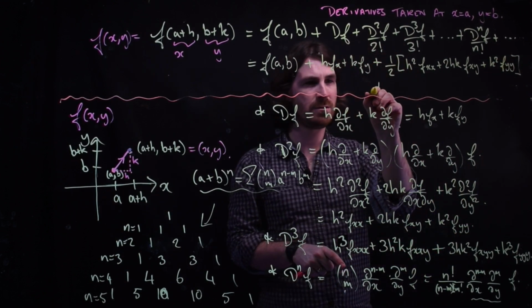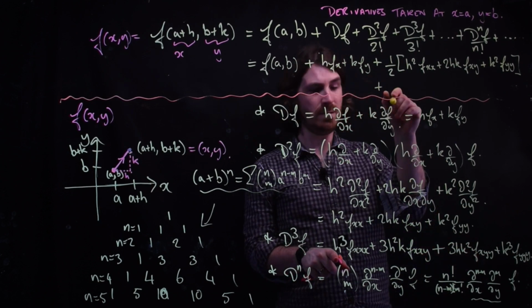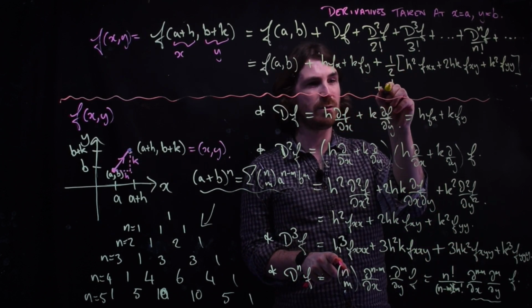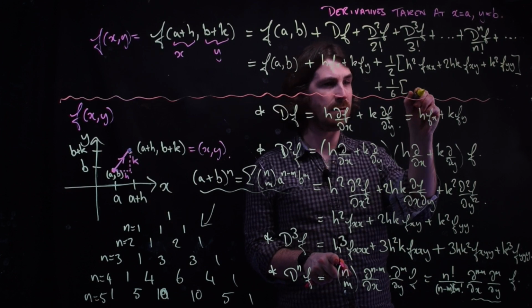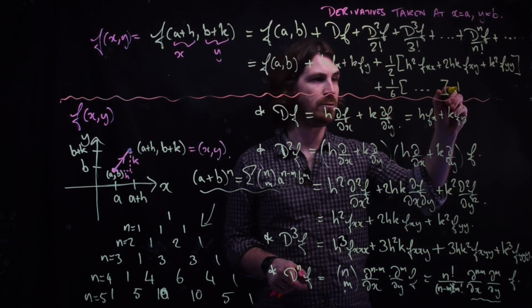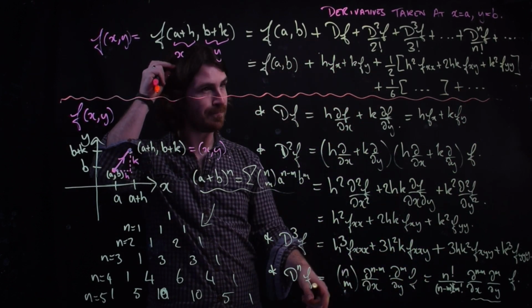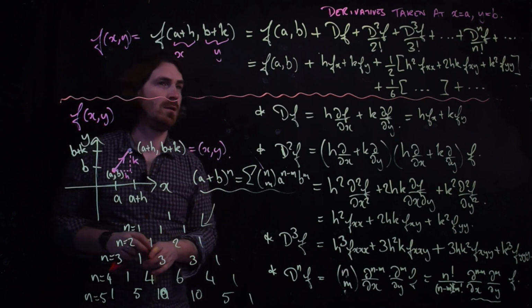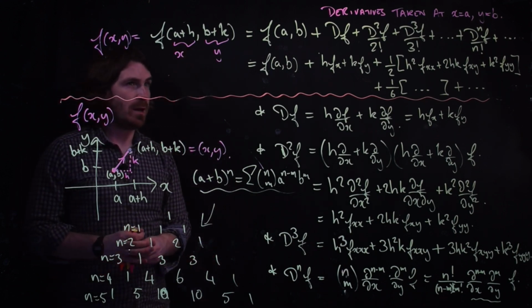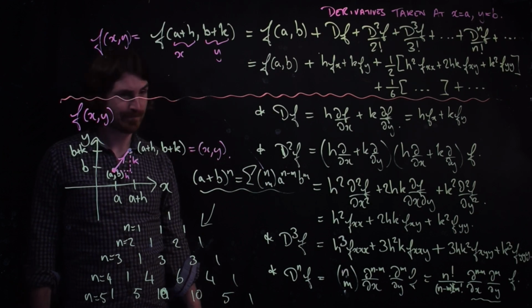Okay, plus, and then we've got the d cubed term, which will be this thing, and we've got 3 factorial, so it's 1 over 6, and then this thing, and it continues as far as you want to go. Okay, so this is the Taylor series of a function of 2 variables.